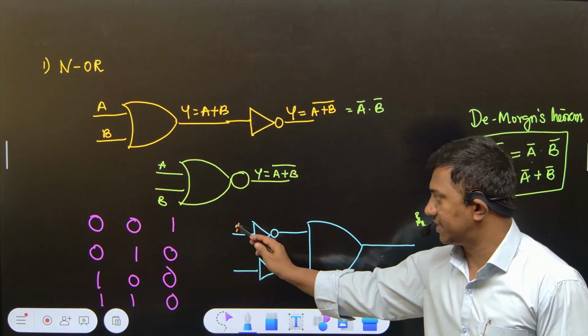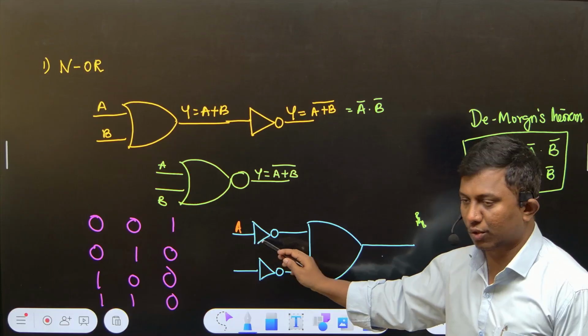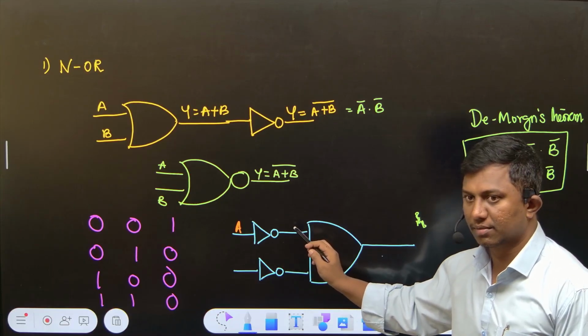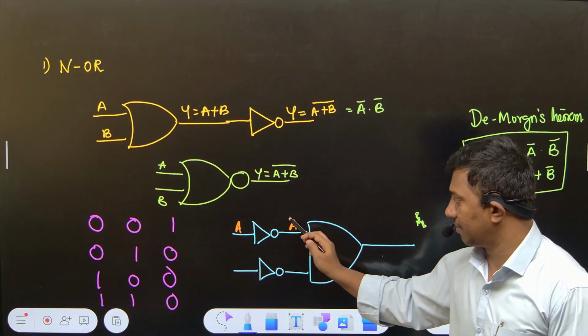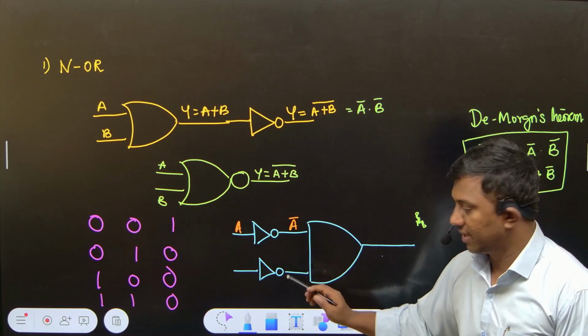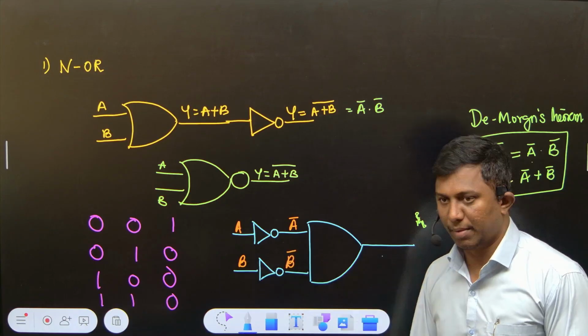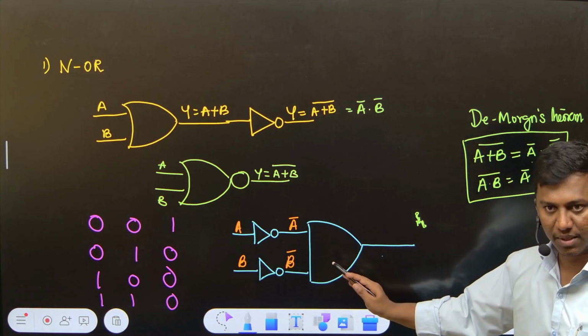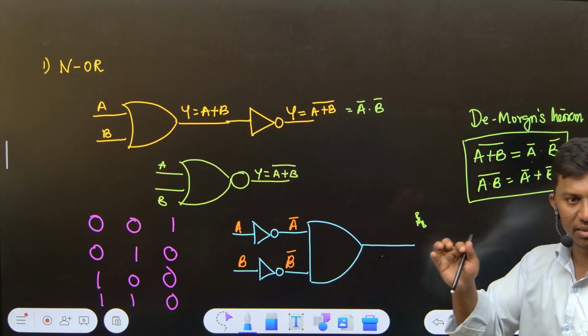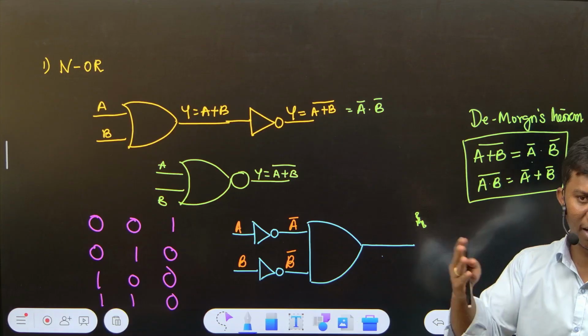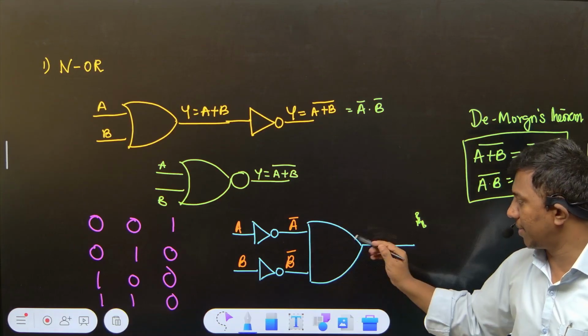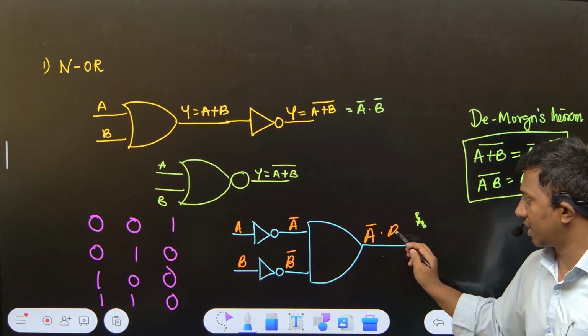This is A. After passing through the NOT gate, what does it become? A bar. Are you able to understand? Here we are giving B. After passing through the NOT gate, it becomes B bar. Now this is an AND gate. AND gate output is, if you are giving A and B, the answer is A dot B. If I am giving A bar and B bar, the answer will be A bar dot B bar.